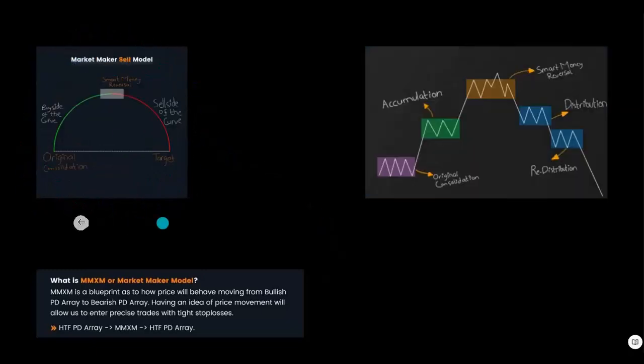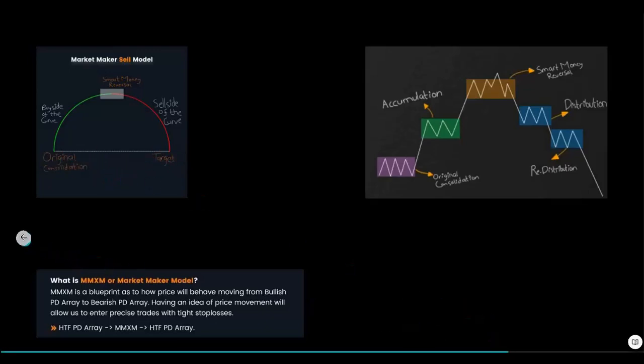The higher half of the circle is considered the market maker sell model. On the market maker sell model, we enter on the smart money reversal and target the original consolidation. We enter on the highest point of the circle and target the midpoint of the circle, the original consolidation.